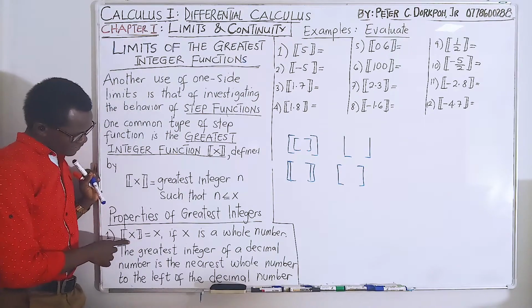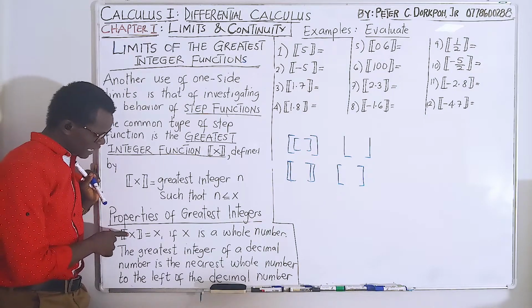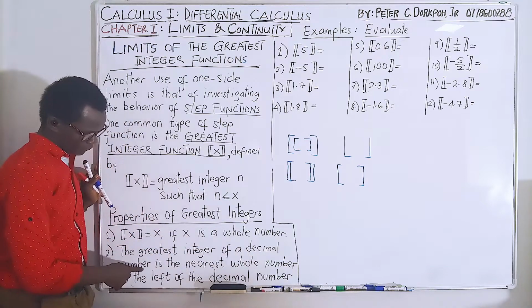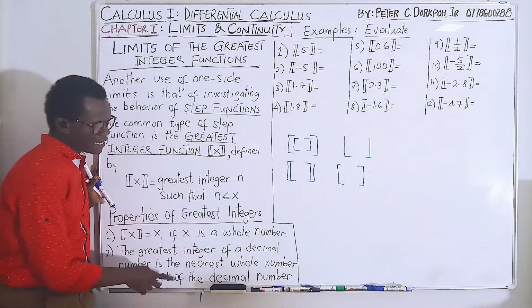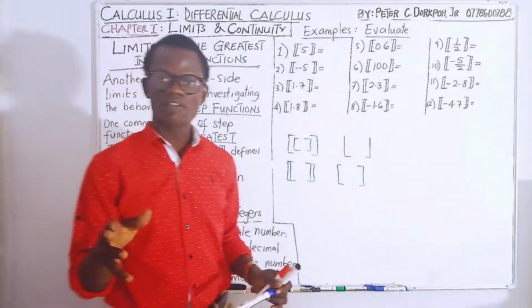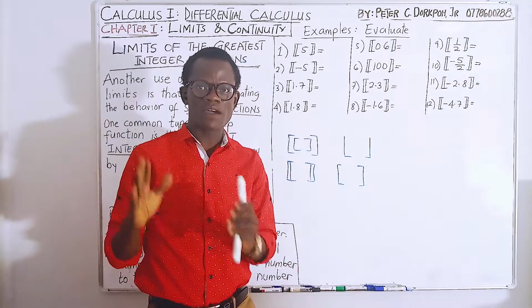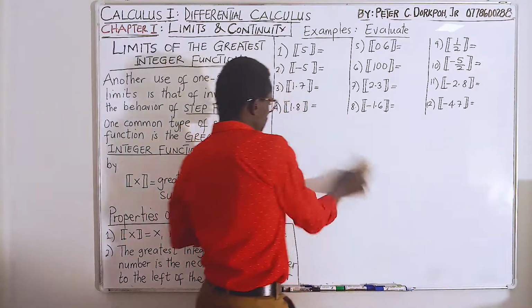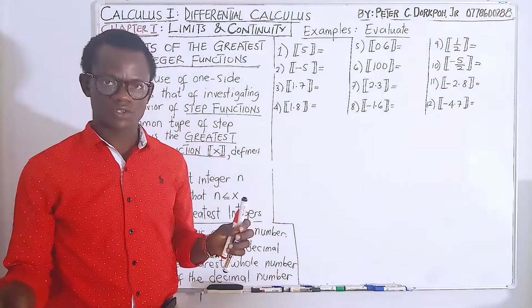But if x is a decimal number, then the greatest integer of that decimal number is the nearest whole number to the left of the decimal number. Because mind you, we are not looking for decimal numbers, rather we are finding integers. So let's look at a few examples of evaluating greatest integers.